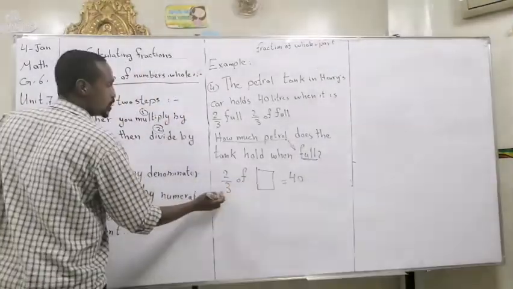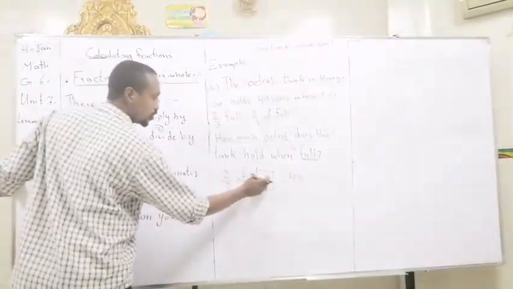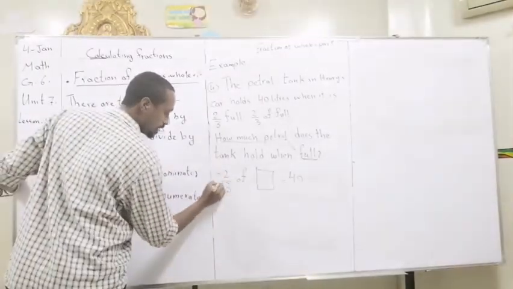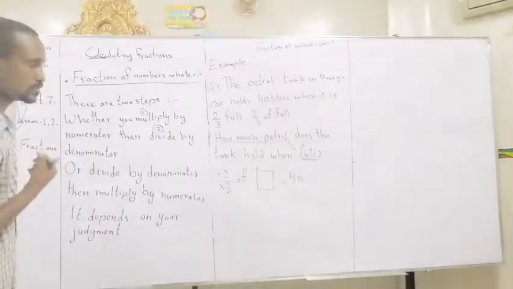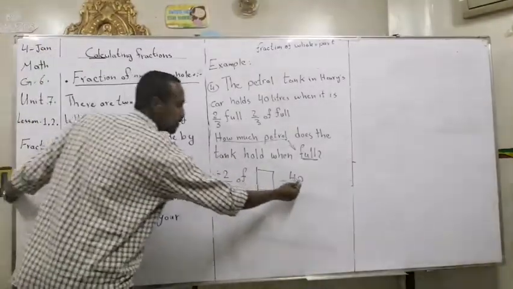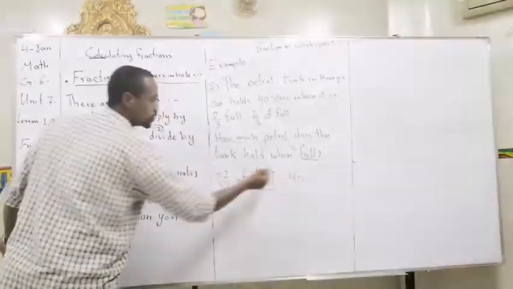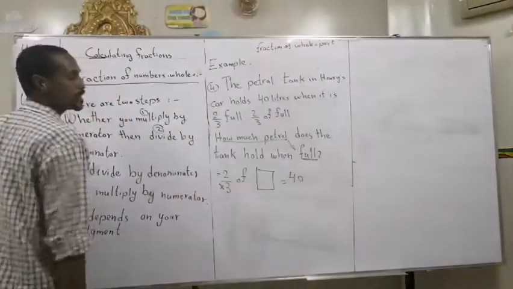40 divided by 3? No. I said when the missing number is on the left, I do the opposite. So I'm going to divide by this and multiply by this. So what should we do? I'm going to say 40 divided by 2, then multiply by 3.